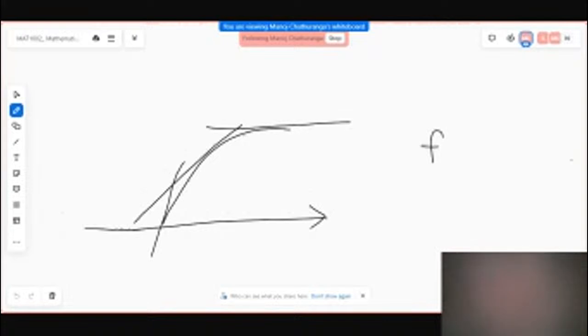In that case, their slope becomes smaller and smaller. The derivative is decreasing here. Again, it is decreasing. If something is decreasing, its derivative must be negative.